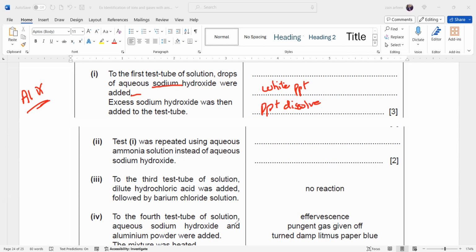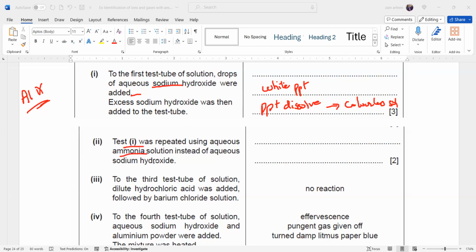Because it was a white precipitate, when it dissolves, we observe a colorless solution. So aluminium ion with sodium hydroxide gives a white precipitate which dissolves in excess.